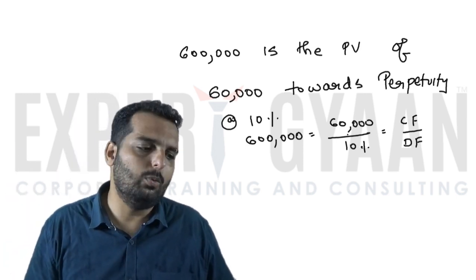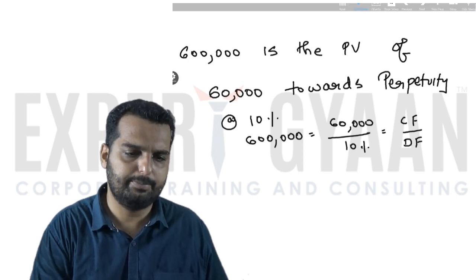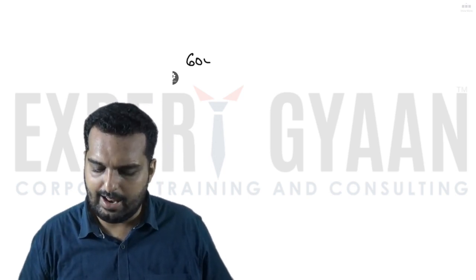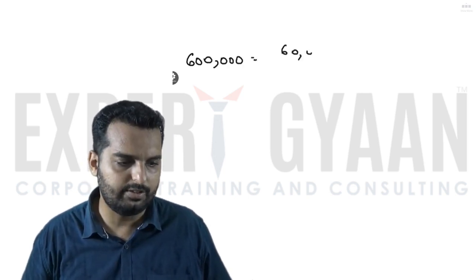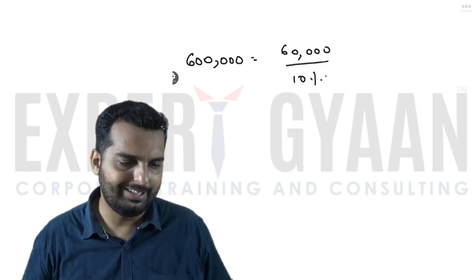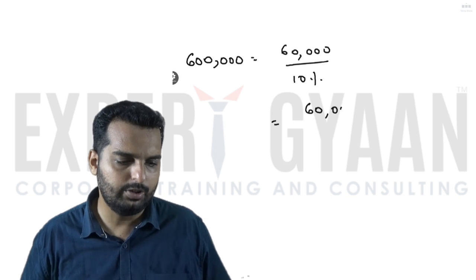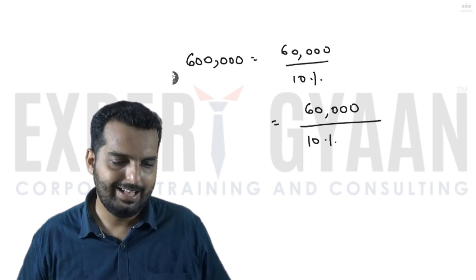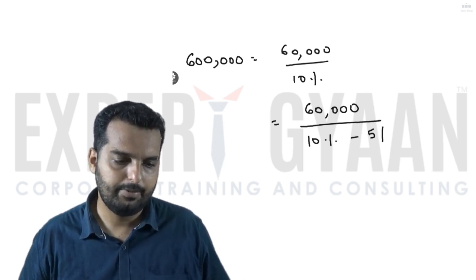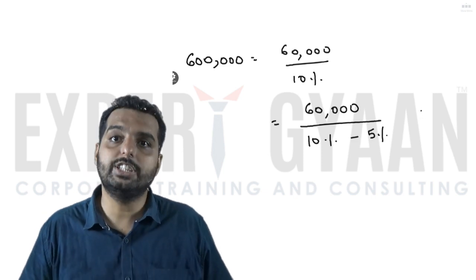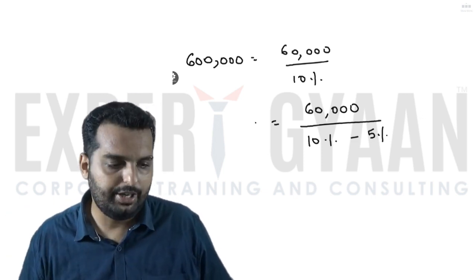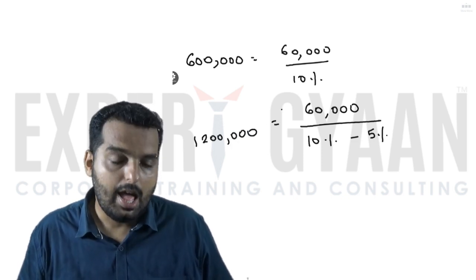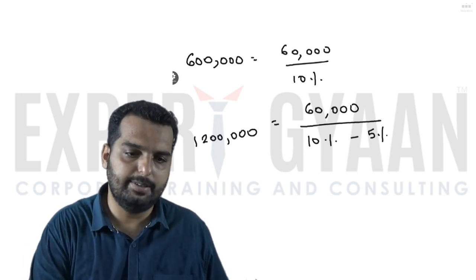So friends, instead of depositing 6 lakhs, earlier I did 60,000 divided by 10%. Now I will do 60,000 divided by 10%, which is the discount factor, less 5%, which is the inflation rate. So here I would get the answer as 12 lakhs. I will prove to you how 12 lakhs is the right answer.